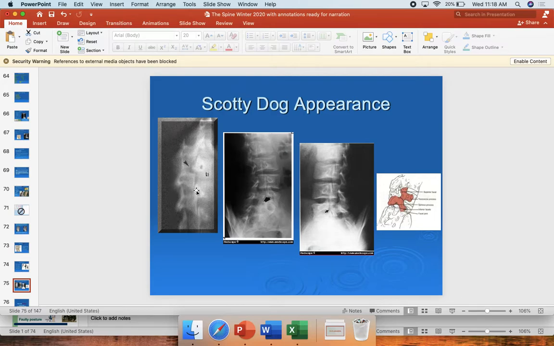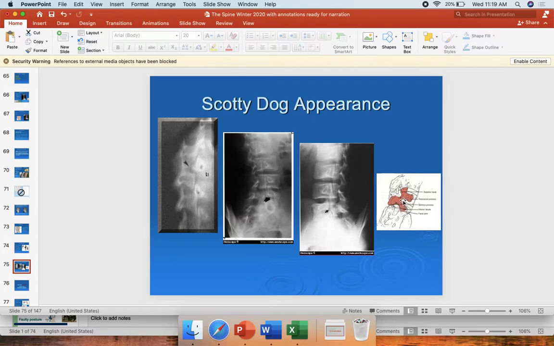You can actually see this Scotty dog fairly easily as I outline it. So you'll notice on this dog down here, there's not a collar on the dog. But when you look at this dog up here, you can actually see a collar, which means that that part of the articularis is fractured, and this person now has a spondylolysis. So that's what happens there.